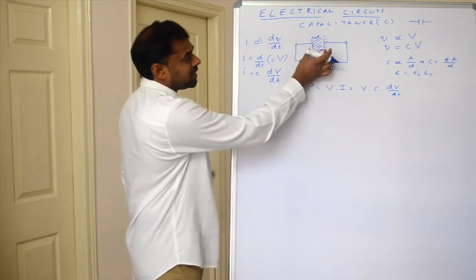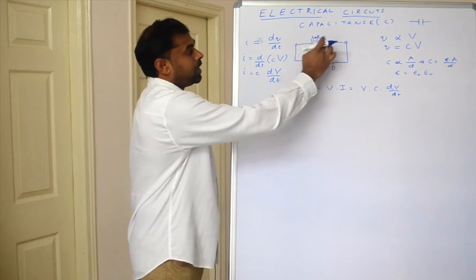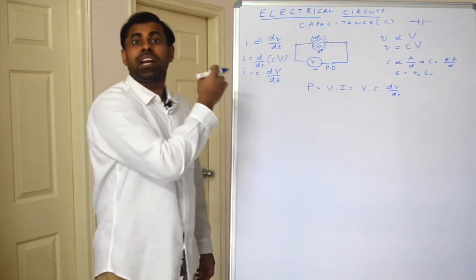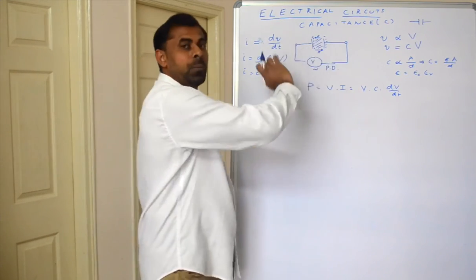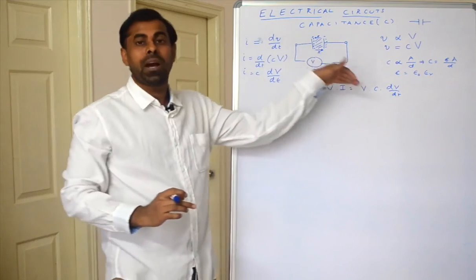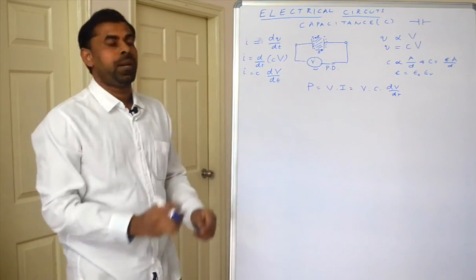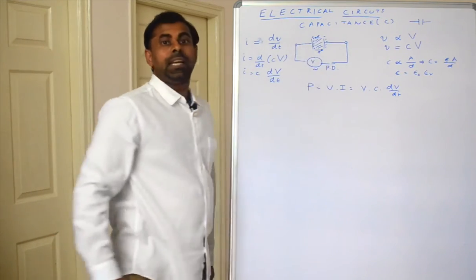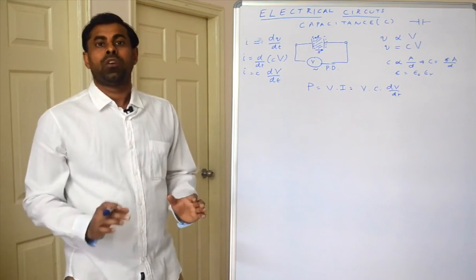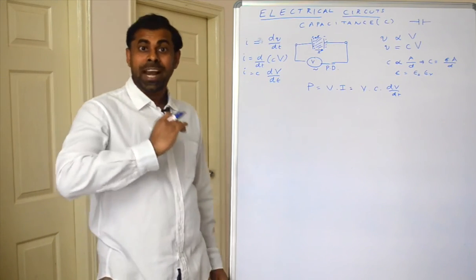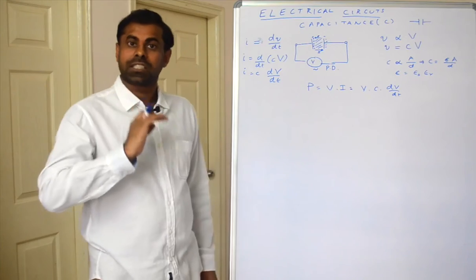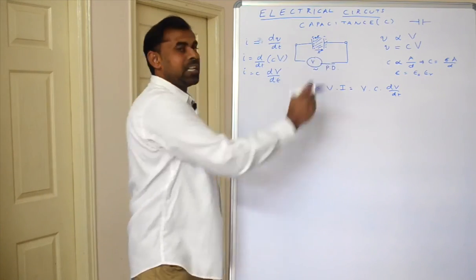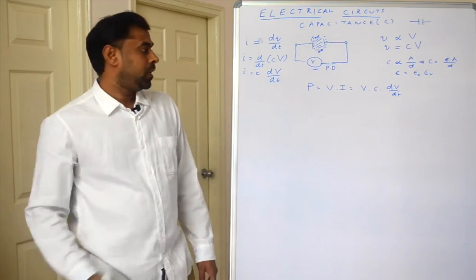Whenever the voltage changes across it, electrons start moving from one plate to another plate, so some current tries to flow between the plates. So it opposes any change in voltage across it. It allows only gradual change in voltage, not sudden change. It stores energy in the form of electric field.